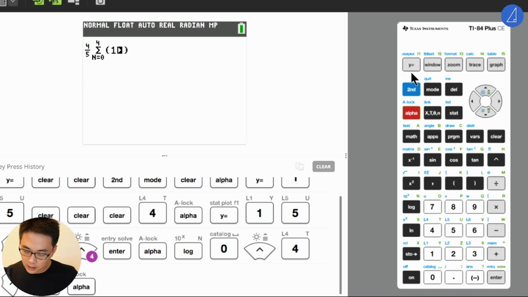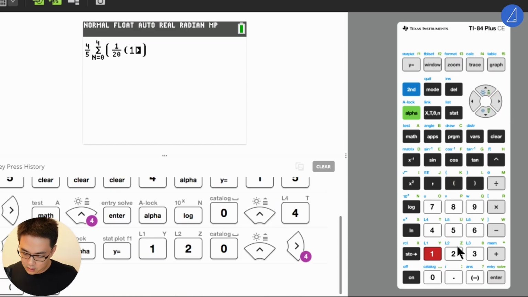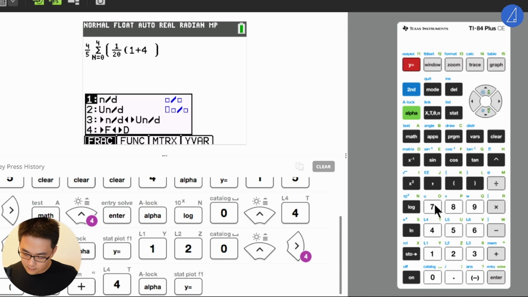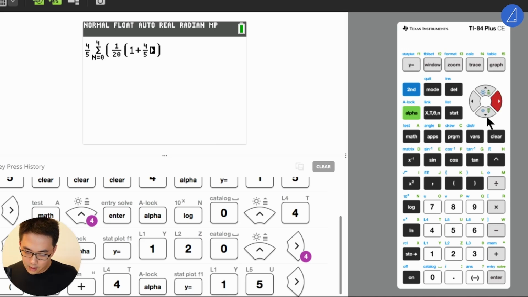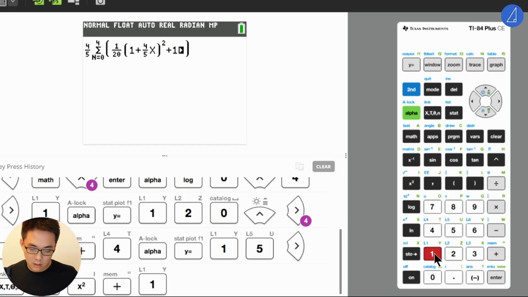You key in 1 over 20, and then you put 1 plus 4x square plus 1. I hope I never key anything wrong.